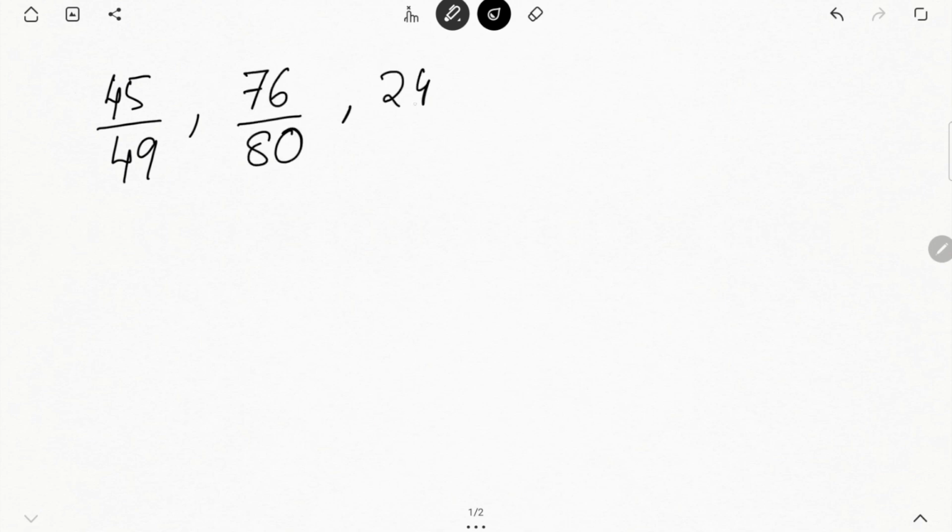So let us consider the fractions 45 by 49, then 76 by 80, next is 24 by 28, and finally 12 by 16. Here we are asked to arrange these fractions in ascending order.